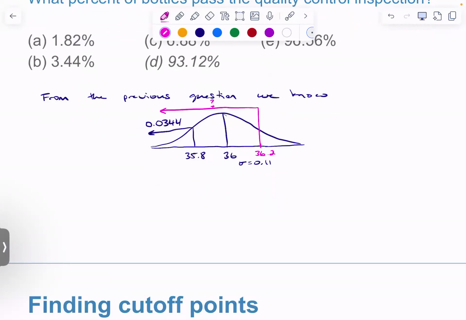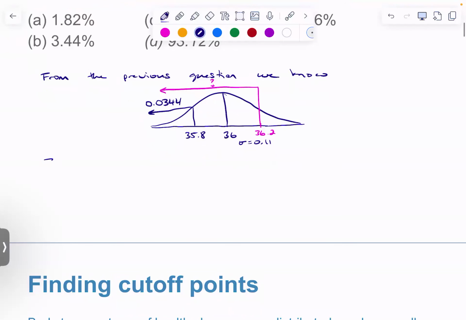So now the x that I'm interested in is 36.2, right? And now I can do z, and sometimes if we're working with multiple z's, we can put a little subscript on here, 36.2.